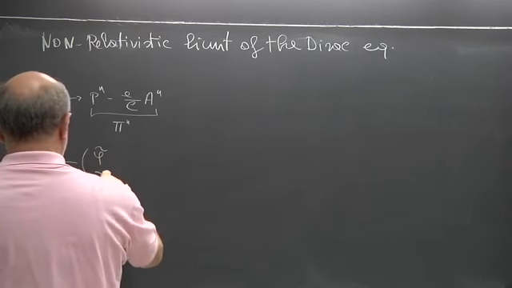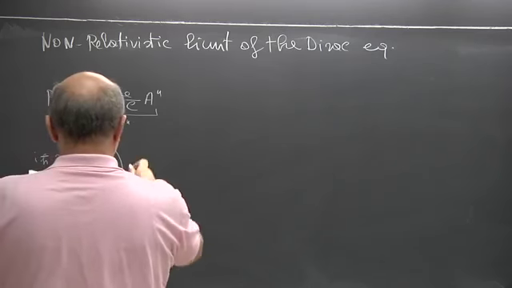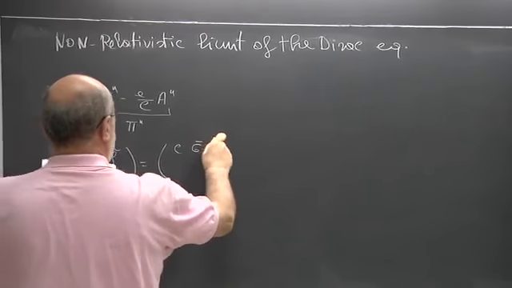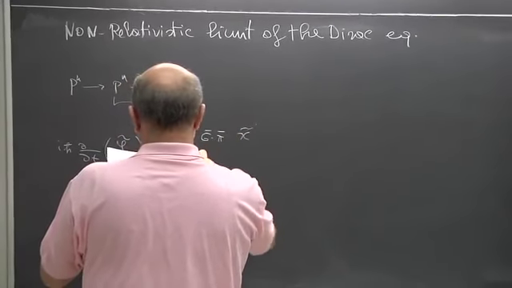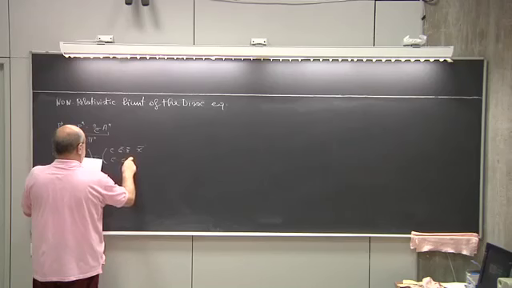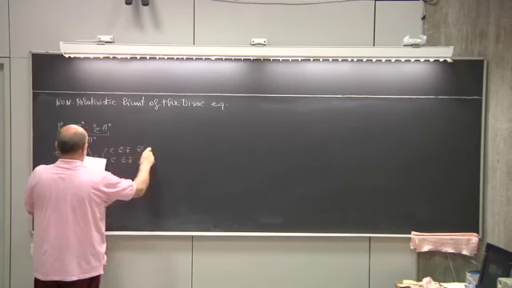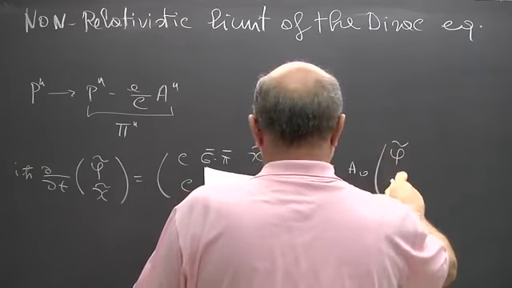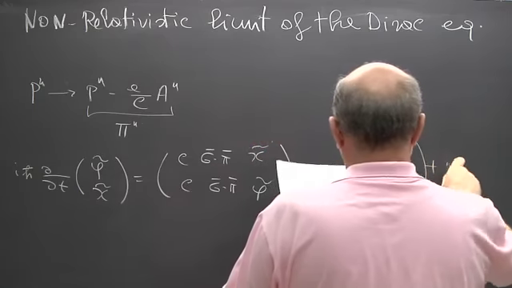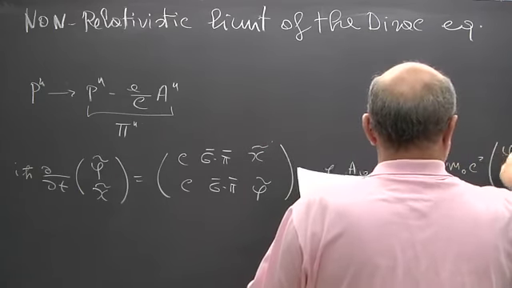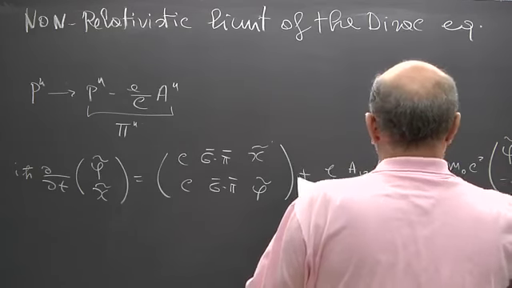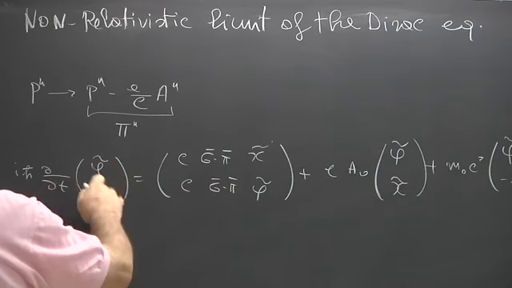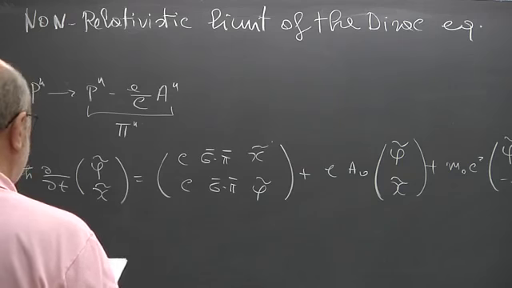We use a 2 by 2 component notation. Okay, so this is the 4 Dirac spinors that we wrote as 2 component, 2 upper component, 2 lower component.